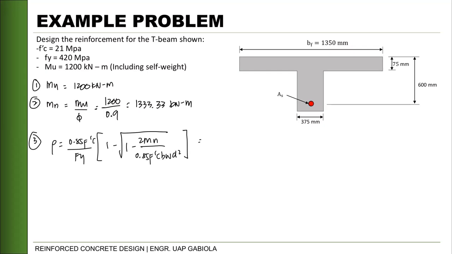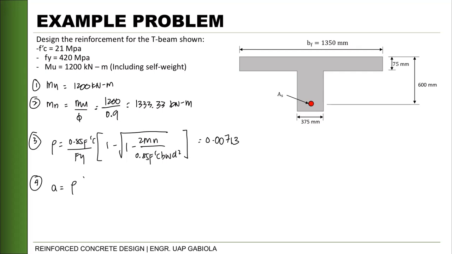I will directly go to our calculator: 420 times 1 minus square root of 1 minus 2 times 1,333.33 times 10 to the 6 over 0.85 times 21 times BF, which is given as 1,350, times D, 600 squared. Okay? So we have 0.00713.